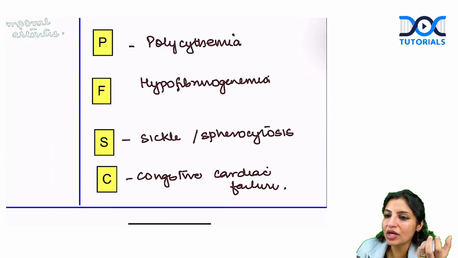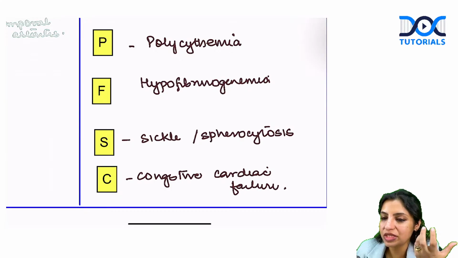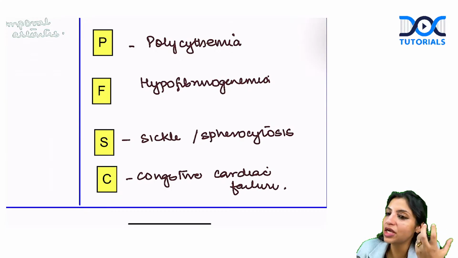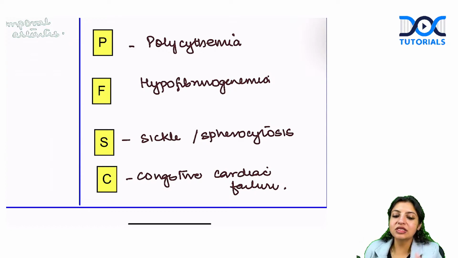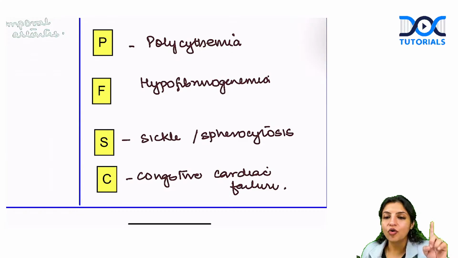Whenever there is a lot of RBCs there, the negative charge on the RBCs keeps them apart, so they are not falling down. So this will again cause decreased ESR. These are the points that you have to be very, very clear. So these are the important causes of decreased ESR: polycythemia, hypofibrinogenemia, sickle cell anemia, spherocytosis or congestive cardiac failure.